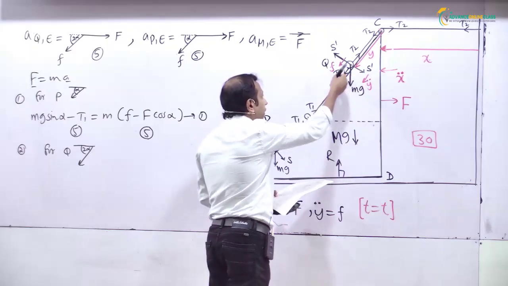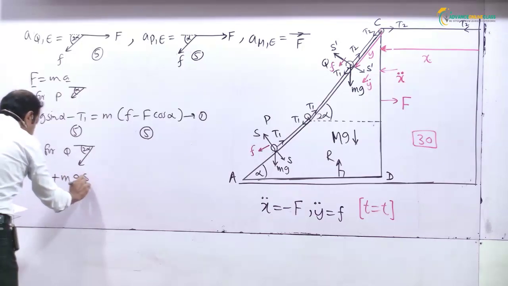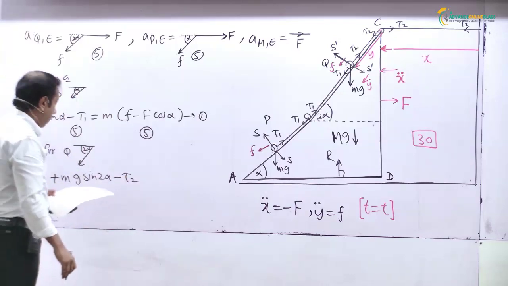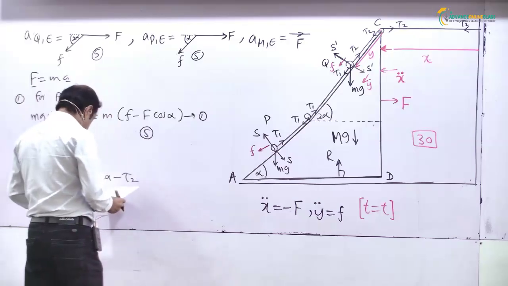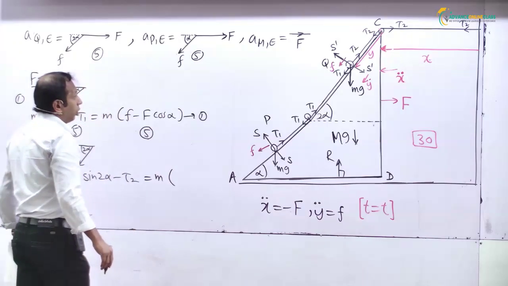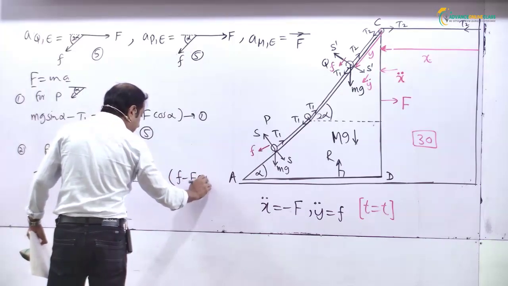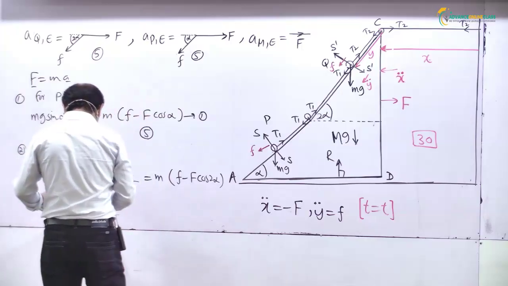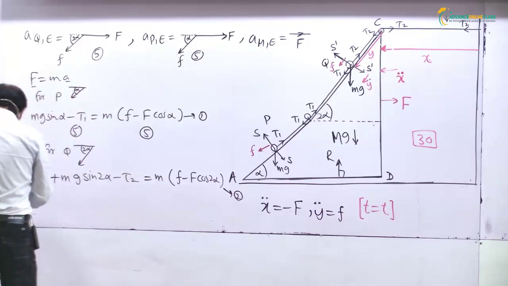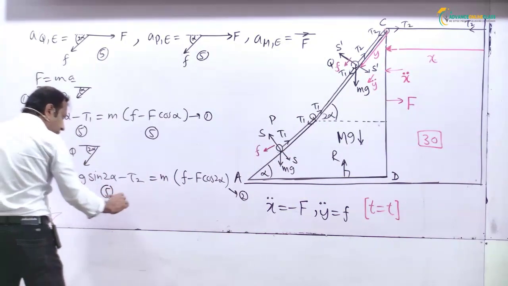T1 plus mg sin 2 alpha minus T2 equals M times its acceleration for Q, capital F minus small f cos 2 alpha. Second equation. There are also 5 marks for the left and 5 marks for the right.